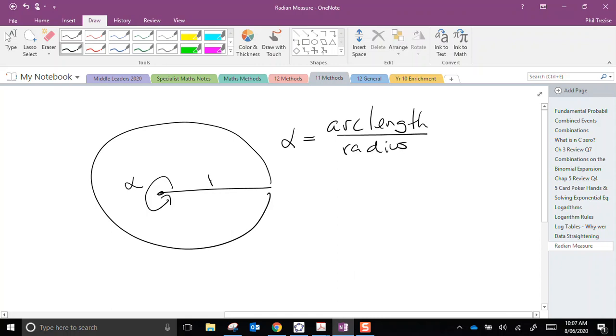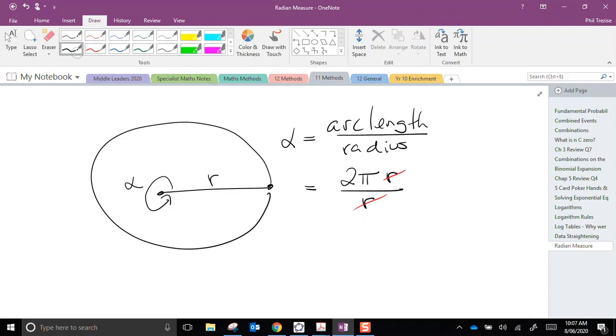And I'm just going to imagine here not that radius was 5, but that radius was r. What is the distance all the way around the curve? Well, that's the circumference, and the circumference is 2 multiplied by pi multiplied by radius, divided by the radius.